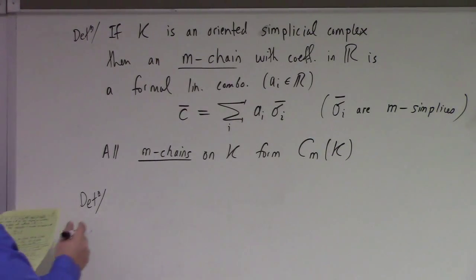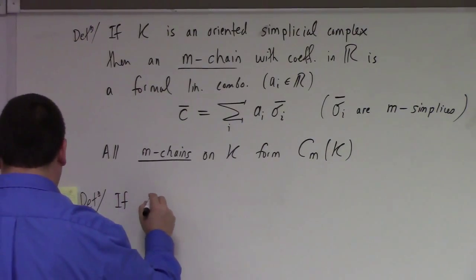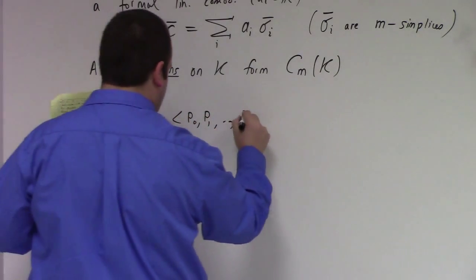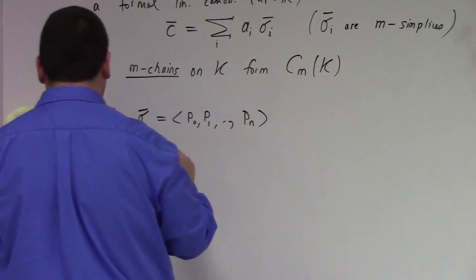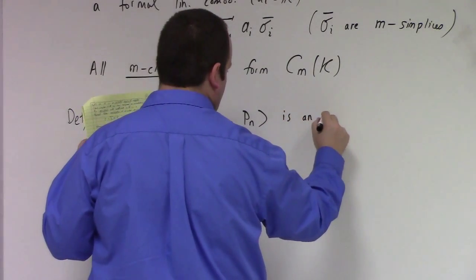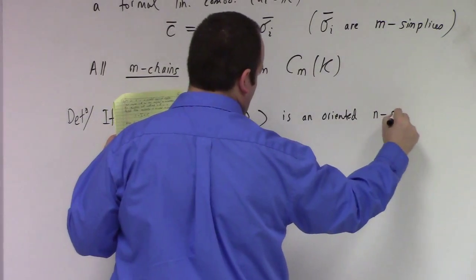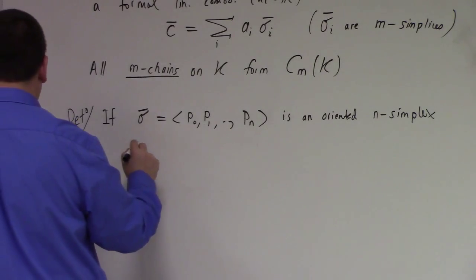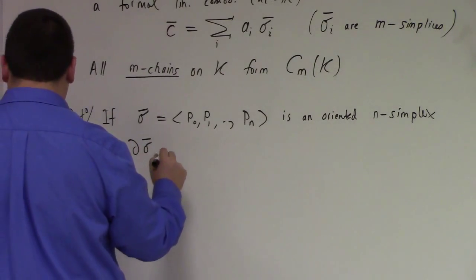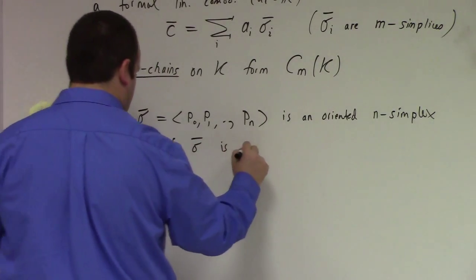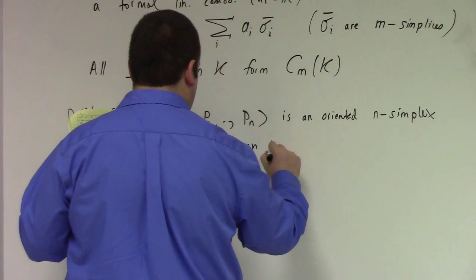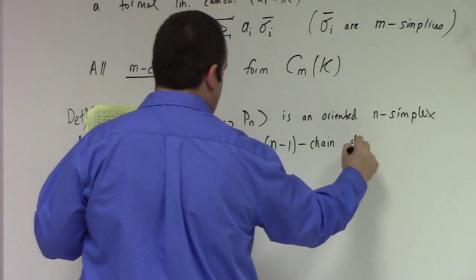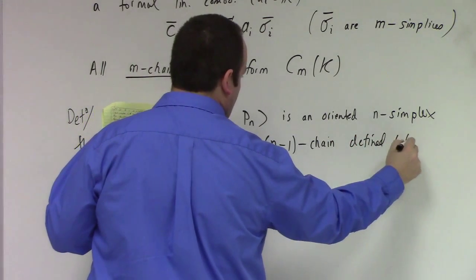All right, so here's the definition. If we have an oriented n simplex, sigma bar, p naught, p1, and so on up to pn, then the boundary, partial sigma bar, of sigma is an n minus 1 chain defined below.